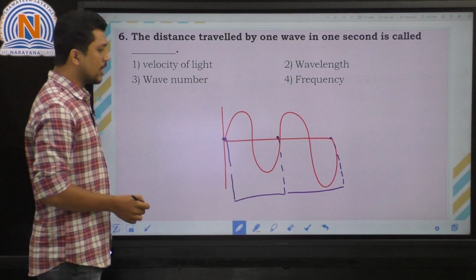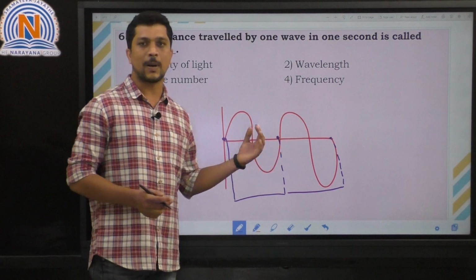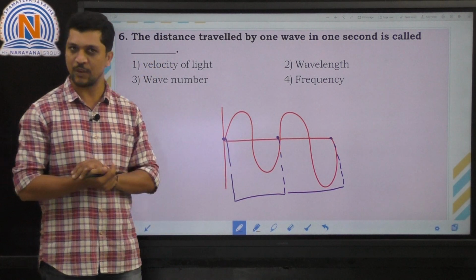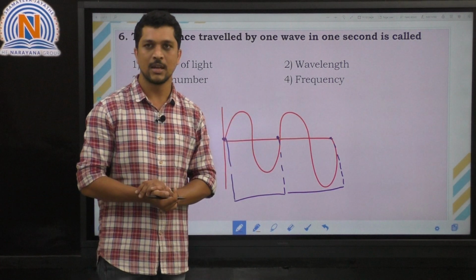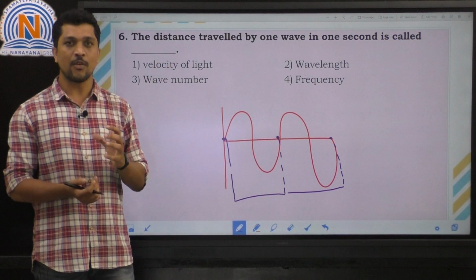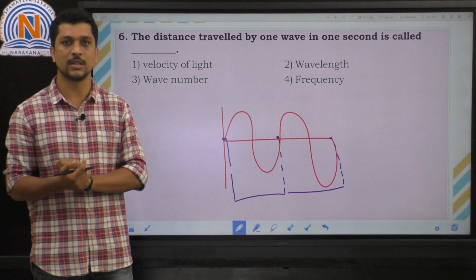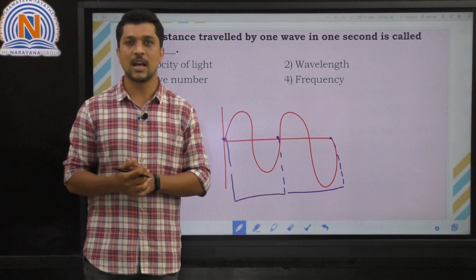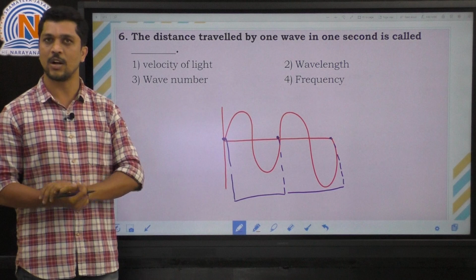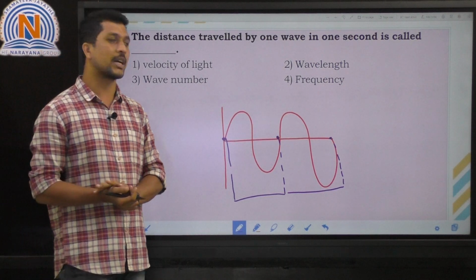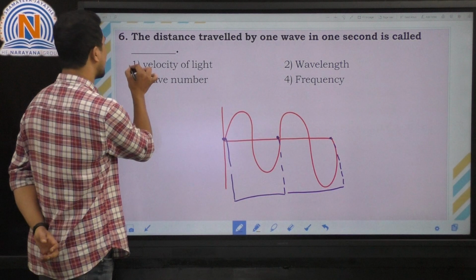So in 1 second, this much wave passing through a certain point is called frequency, as we have just discussed. So the distance one wave travels in 1 second is called the velocity of light. So the correct option is the first option.